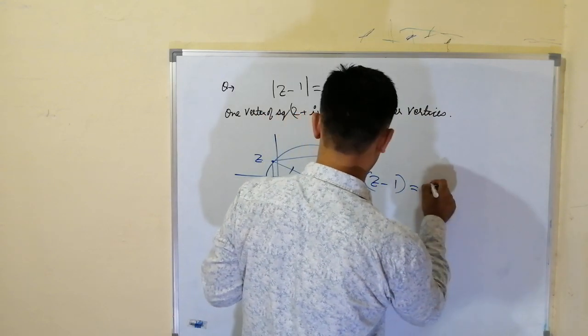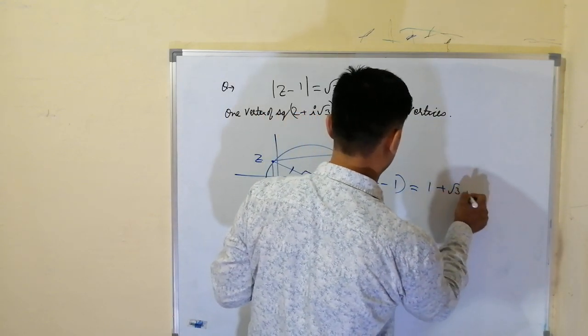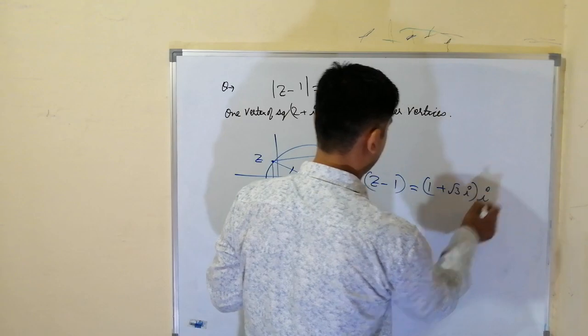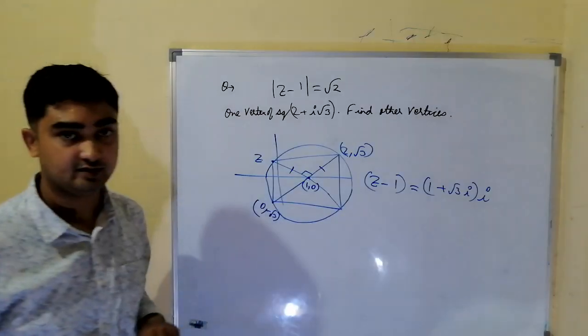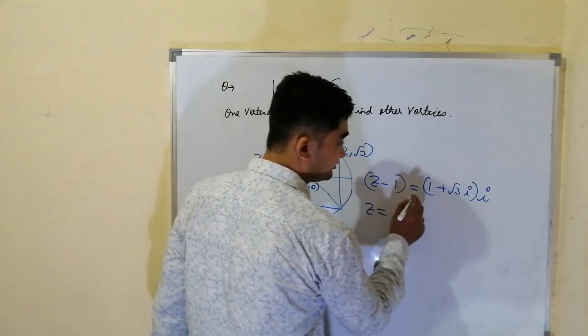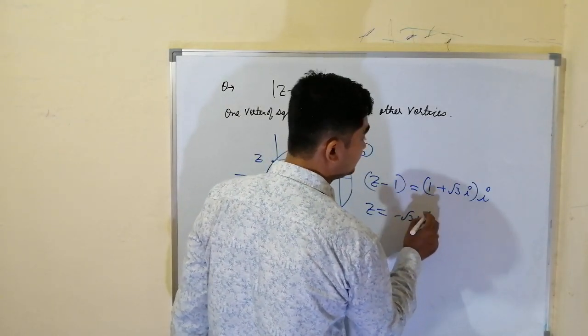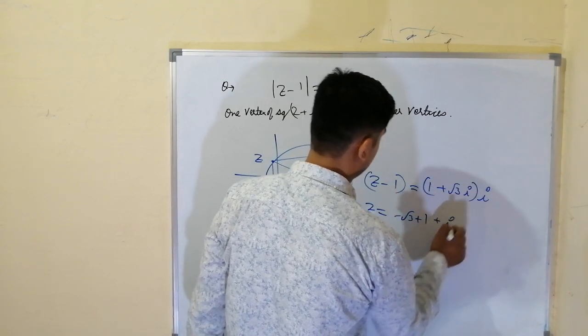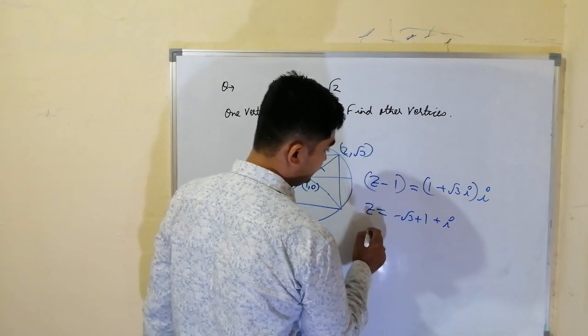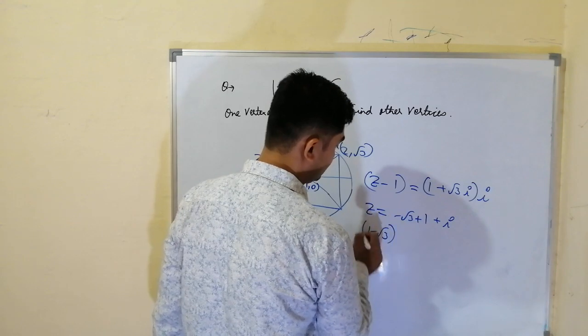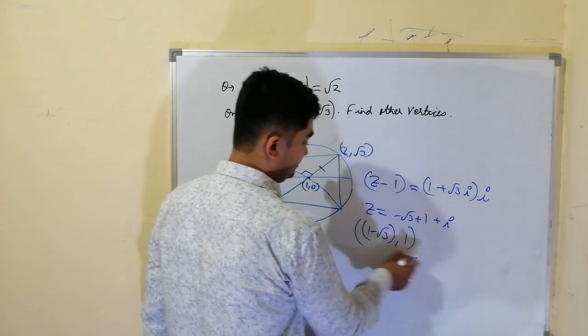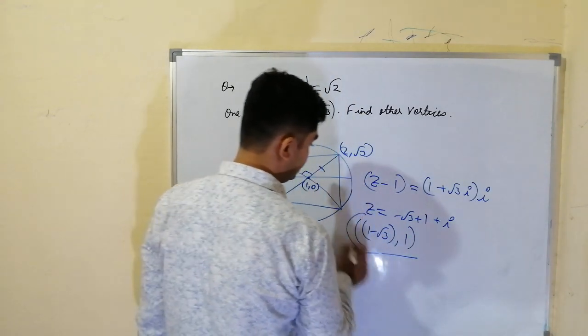What is this? 2 minus 1, which is 1, plus root 3 iota. We have to multiply this with iota because we have to rotate it by an angle pi by 2. Then z will become iota minus root 3 plus 1 and plus iota. That means one vertex will become 1 minus root 3 comma 1. So this is one vertex, it is second vertex.